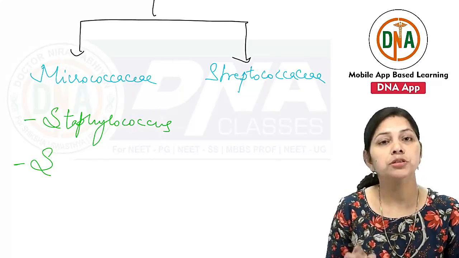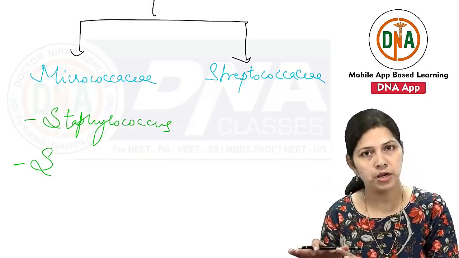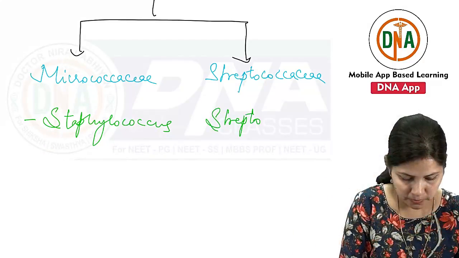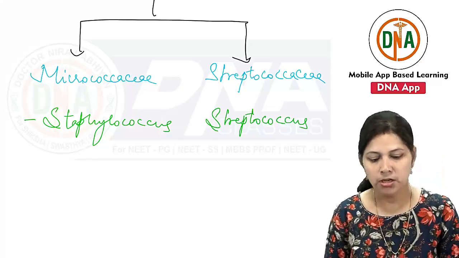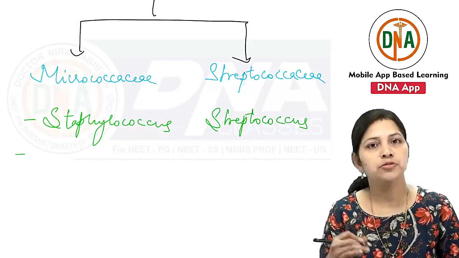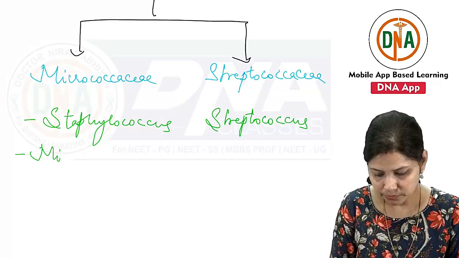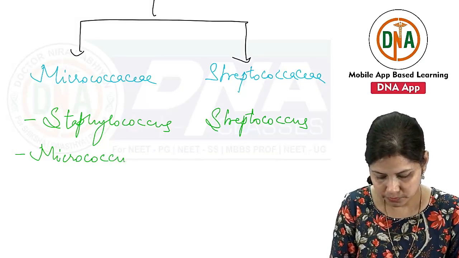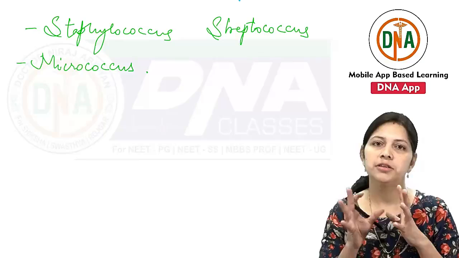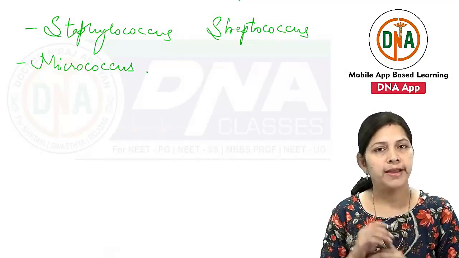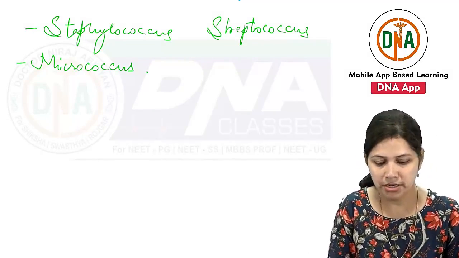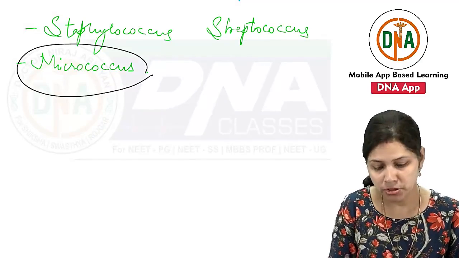And then Streptococcus group, including various types of Streptococci, Streptococcus pneumoniae and Enterococcus. Okay, so in Micrococci, apart from Staphylococcus we have Micrococcus also, which is non-pathogenic. Okay, so we will take one by one and we will start with the Staphylococcus group. In Micrococci the pathogenic bacteria is the Staphylococcus, whereas Micrococcus is non-pathogenic.